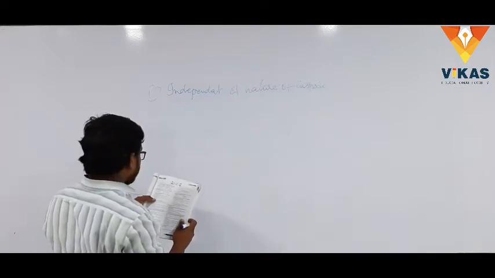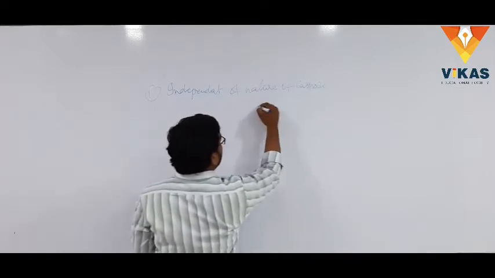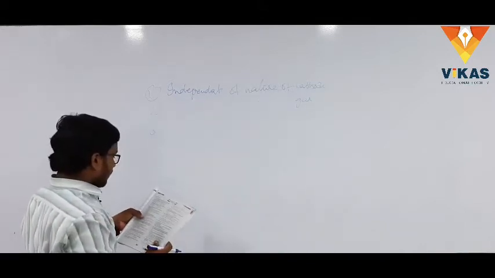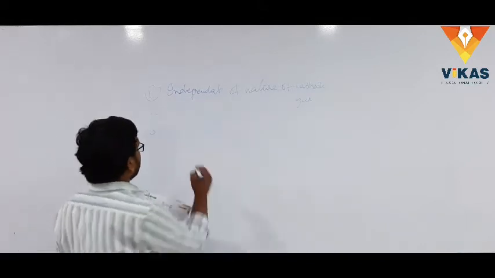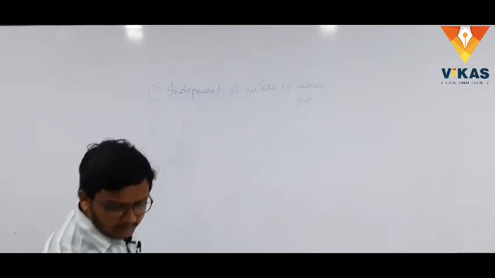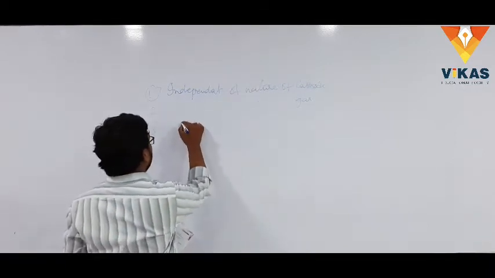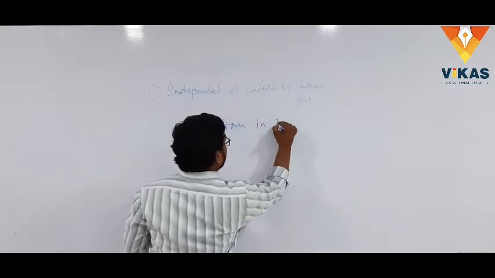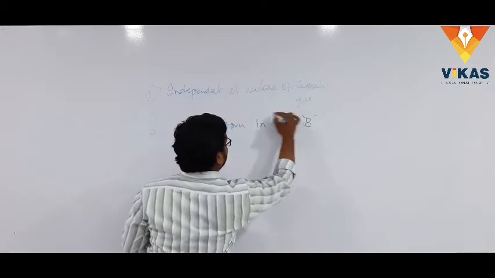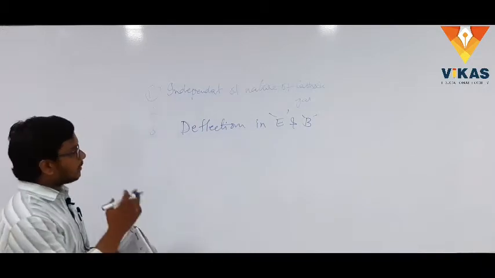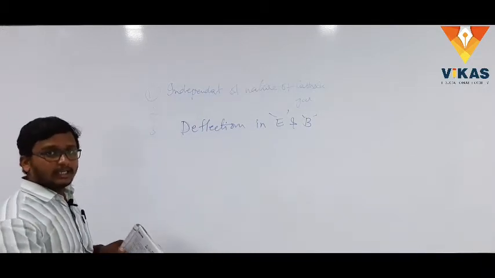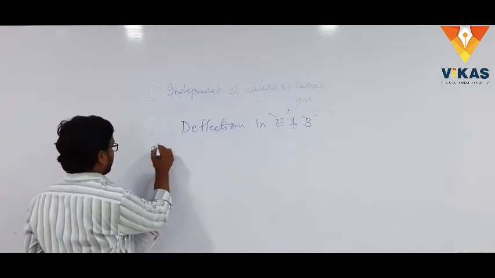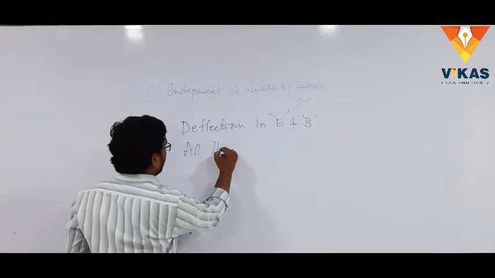The second one is independent of nature of gas, and the third one is deflection is observed in electric field and magnetic field. These all properties we have seen in the cathode ray tube experiment on the properties of electrons or the cathode rays. The fourth option is all the above.